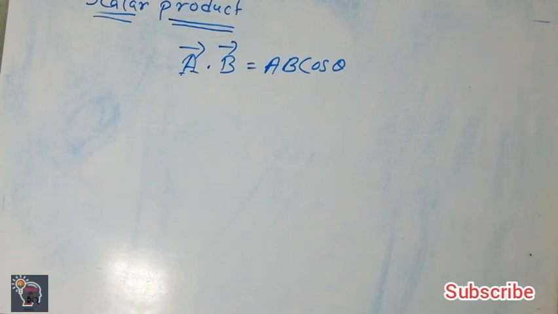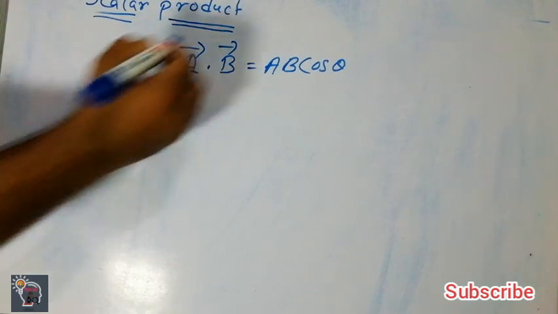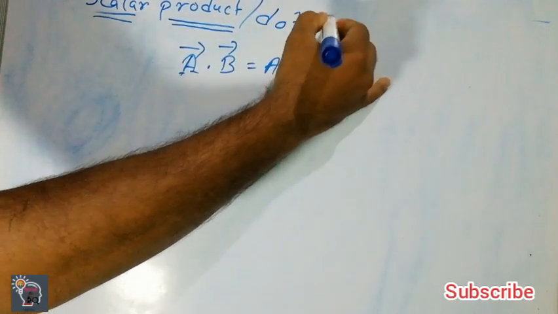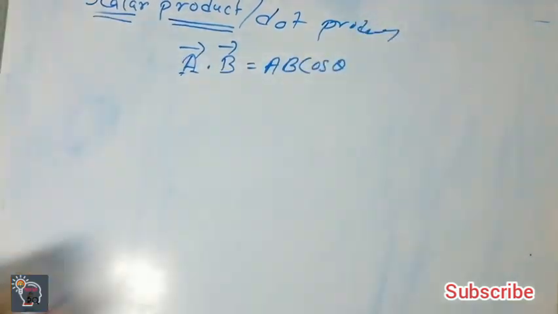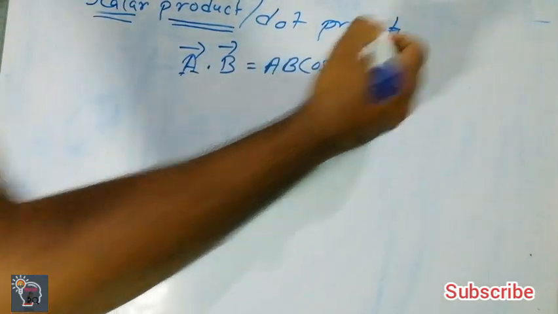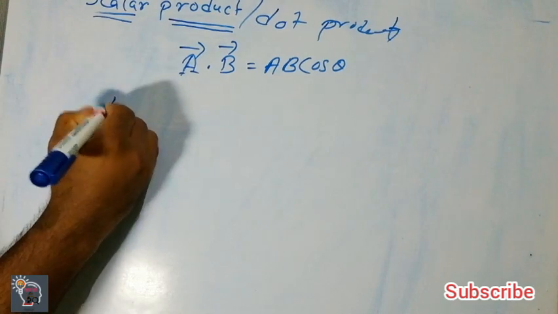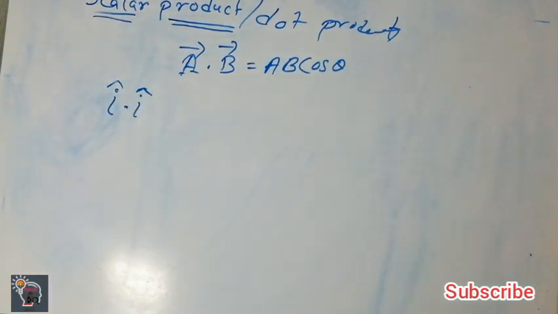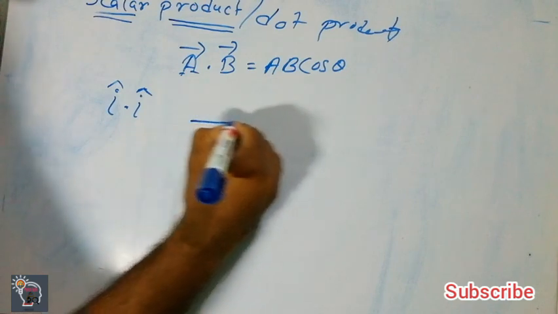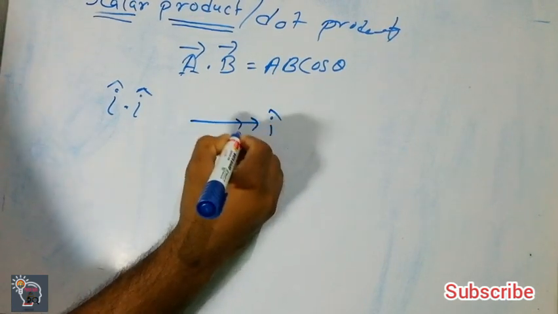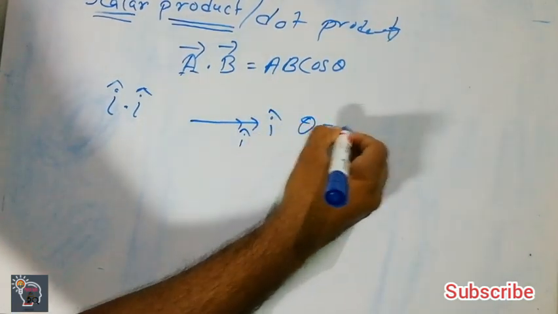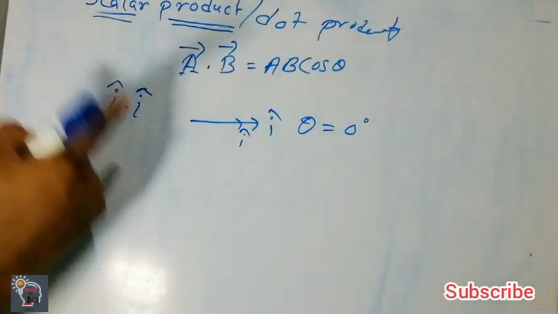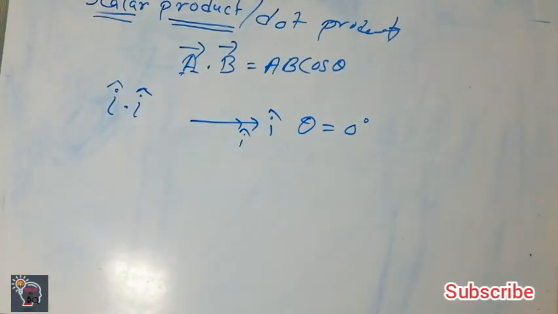What are the rules of this scalar product or dot product? Take i cap dot i cap. i cap is the unit vector along the x-axis. The angle between i cap and i cap is 0 degrees, and the magnitude of a unit vector is 1.